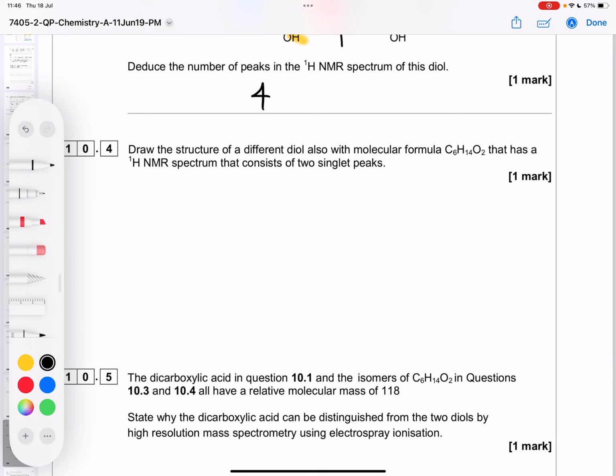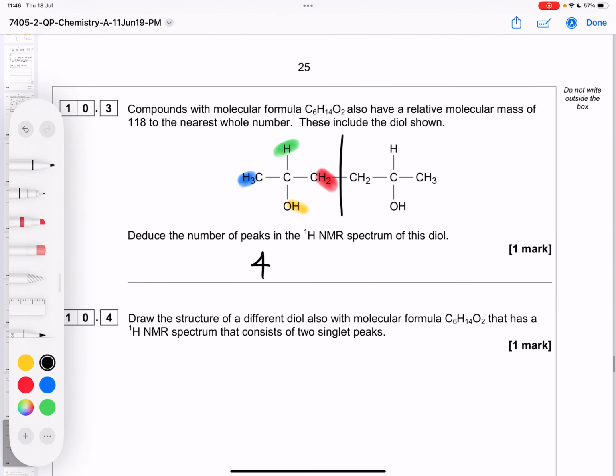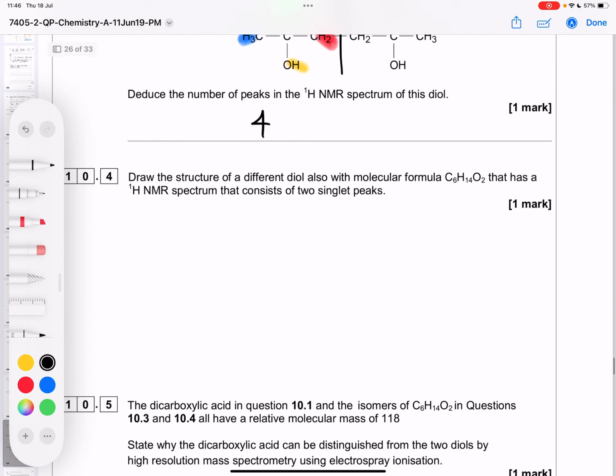Draw the structure of a different diol that has 1H NMR that consists of 2 singlet peaks. So 14 H's, only 2 types. And remember that the OH is 1 type, so the OHs are identical to each other, that has to be one of the types, which means the remaining 12 H's are all identical.